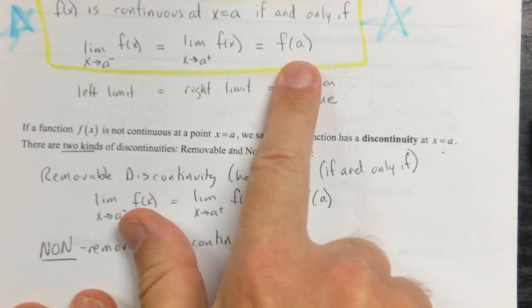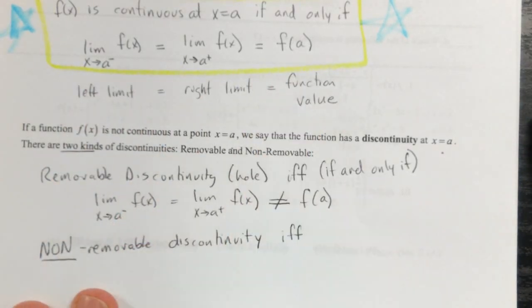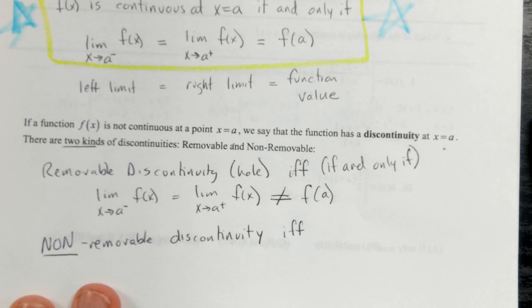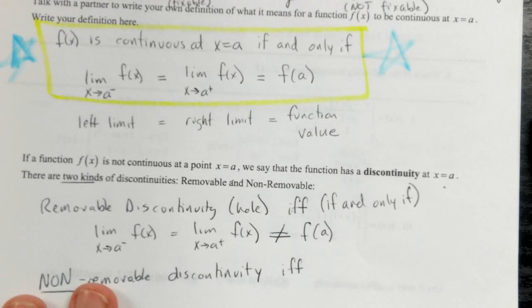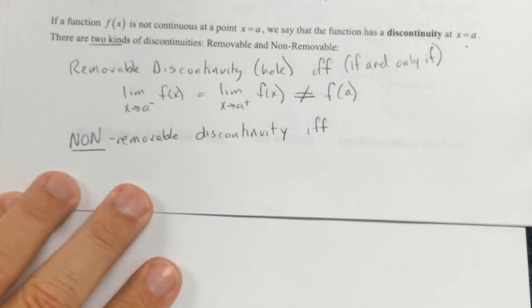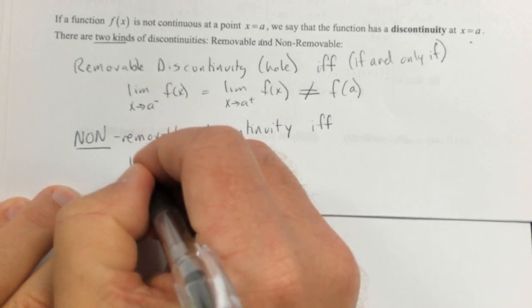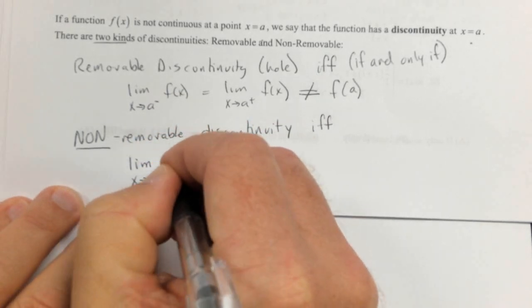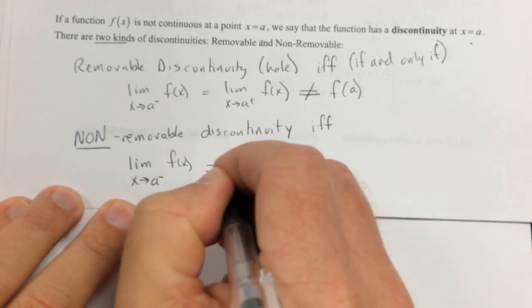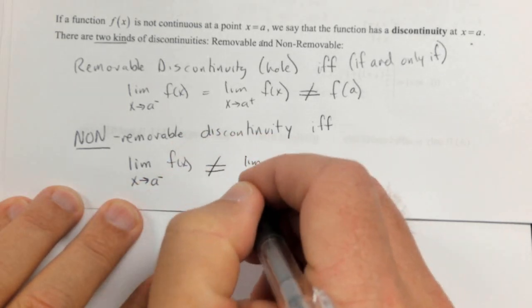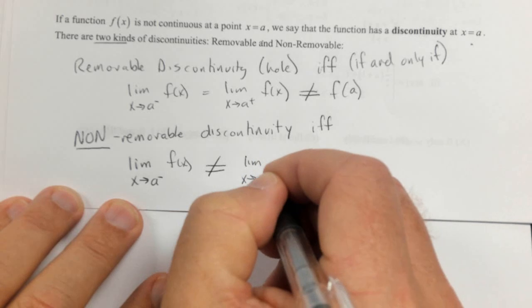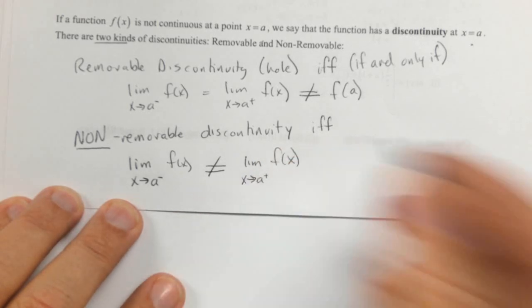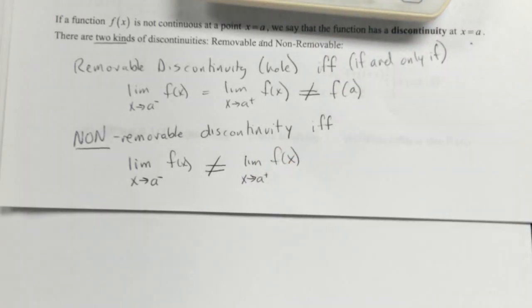What's the trouble with this equation if it's not removable? Do you know? Because the limits aren't even equal. That means it doesn't really matter what the function's doing. So the limit from the left is not equal to the limit from the right. Then you can't fix that. It doesn't matter what the function is.